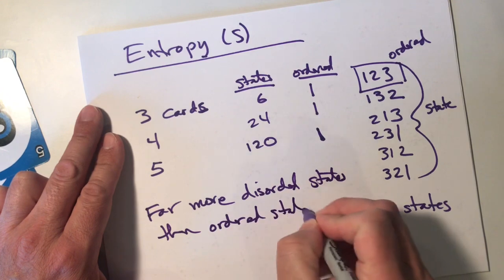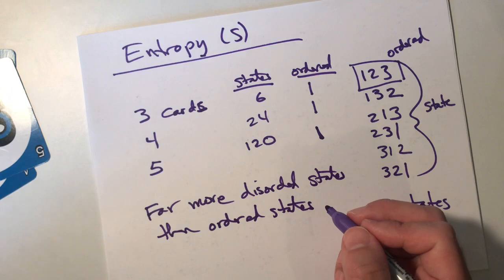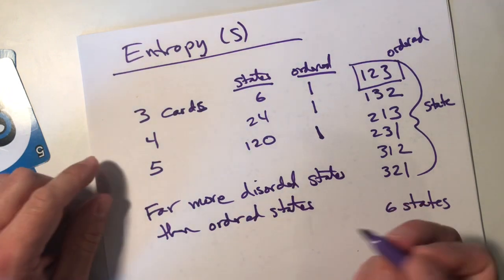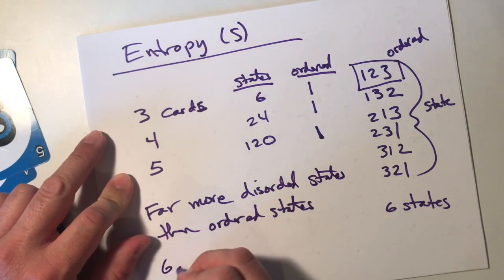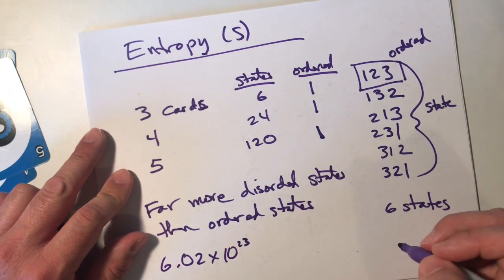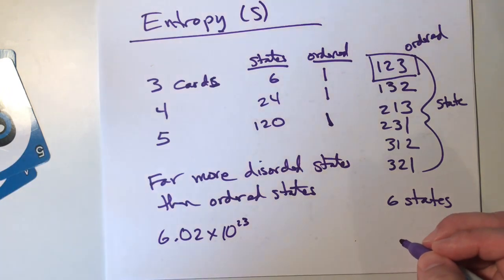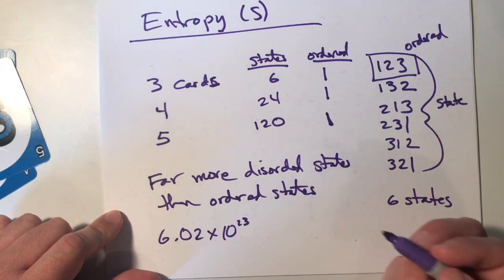And so just by chance, if you observe a system, it's most likely that you're going to observe a disordered state. Particularly for the fact that this is with 5 cards. Imagine if you have a mole of gas, 6.0 times 10 to the 23rd. Imagine how many states or orders you could put the atoms in to obtain a different state. So it's just going to be far more likely that we're going to find a disordered state just by chance than to find an ordered state.